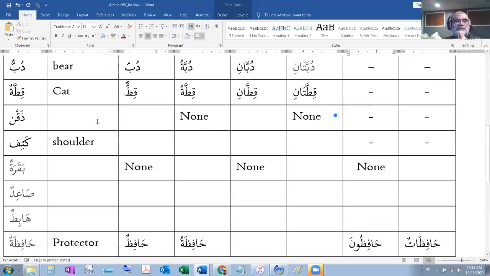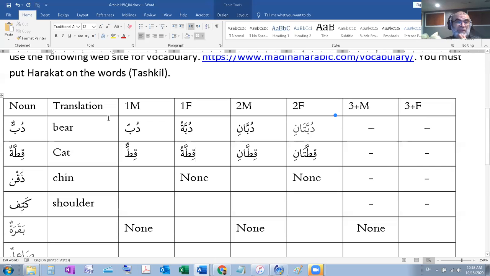ذقن means chin. Is there a male chin or a female chin? It's a male word. ذقن. Default is two dhammas. Where did that keyboard go? Yeah, it's right here.